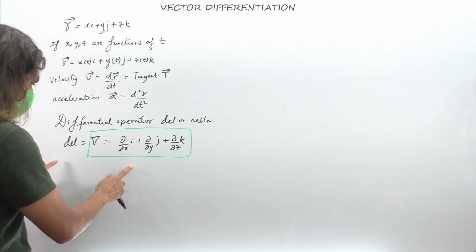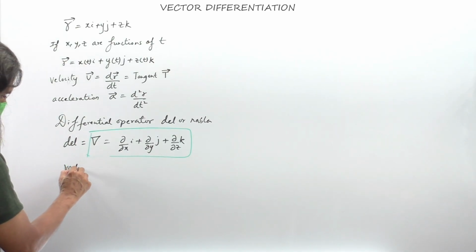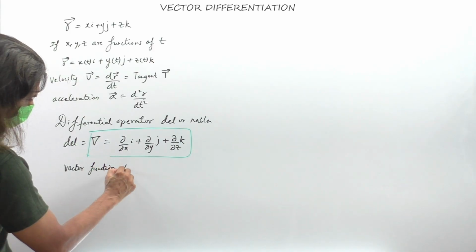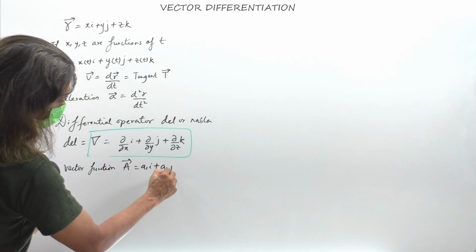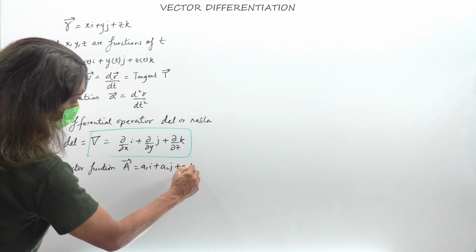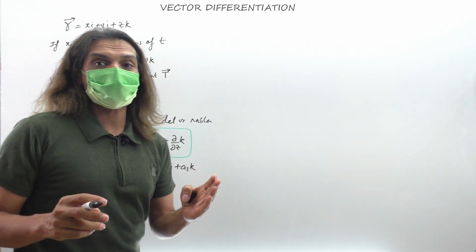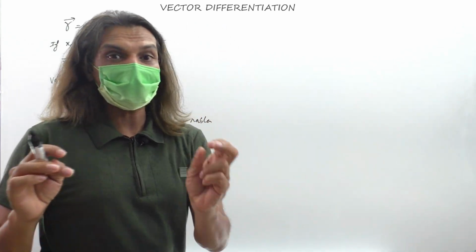Next, after del, say if I have a vector function, so I take a vector function A vector is equal to a1 i plus a2 j plus say a3 k. Okay. Now, for this vector function, we have something called divergence or the dot product.